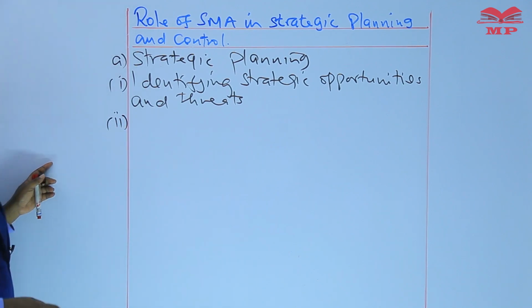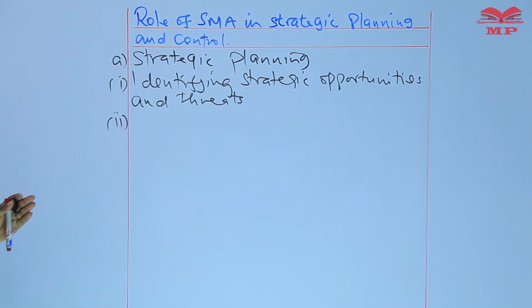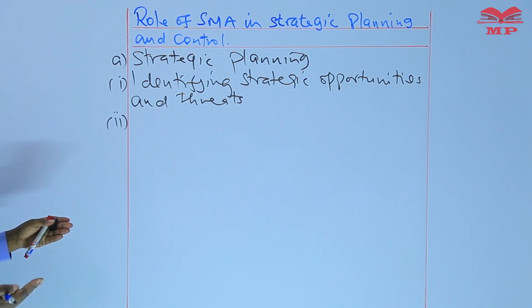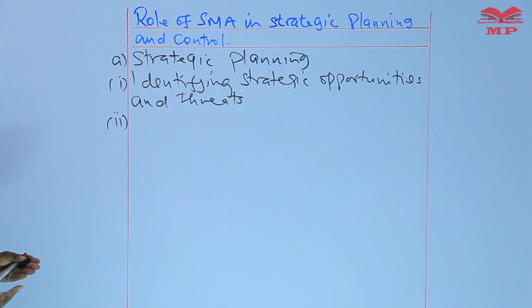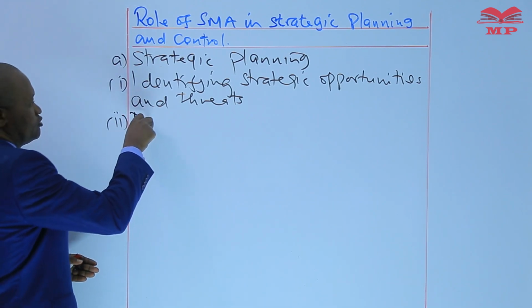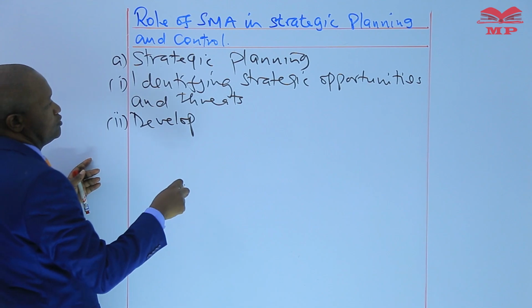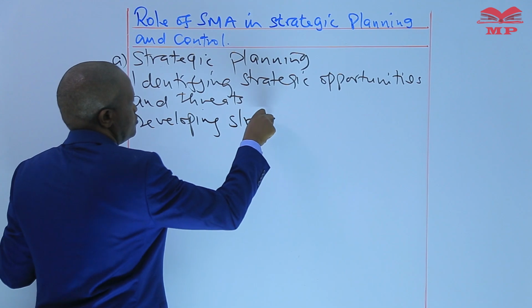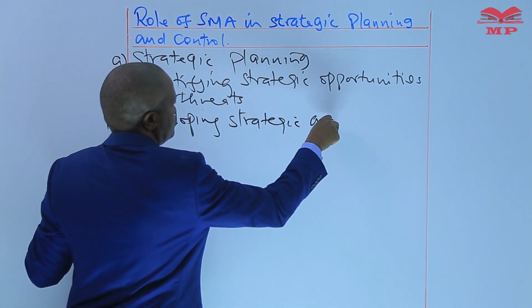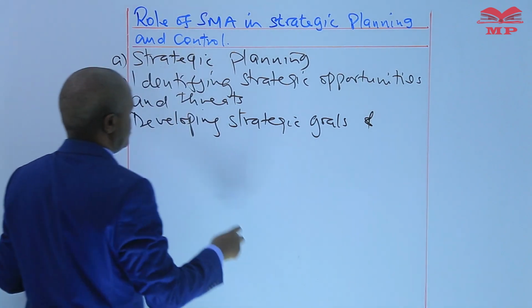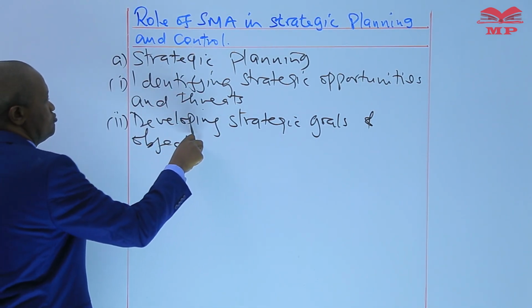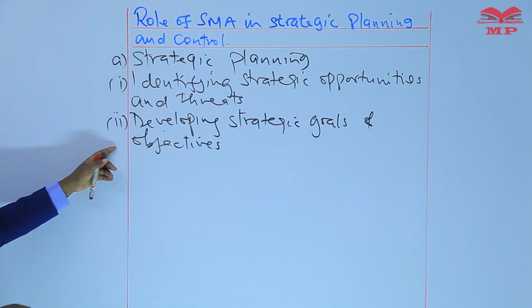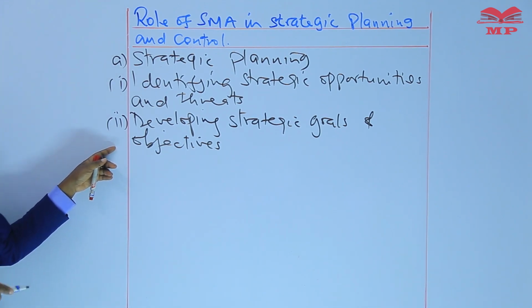The second point is related to objectives and goals. Strategic management accounting helps develop strategic goals and objectives.